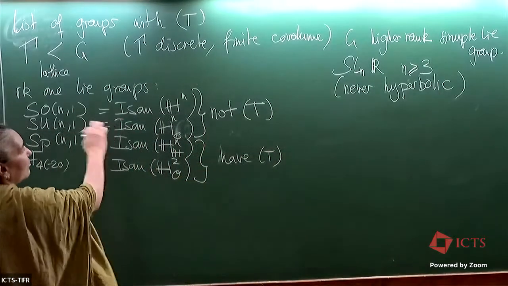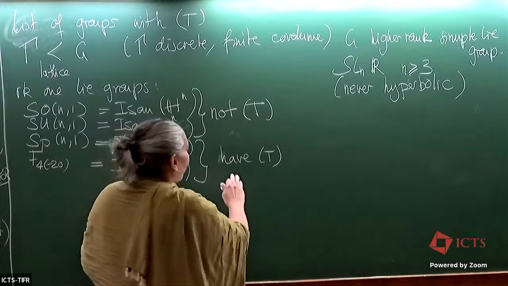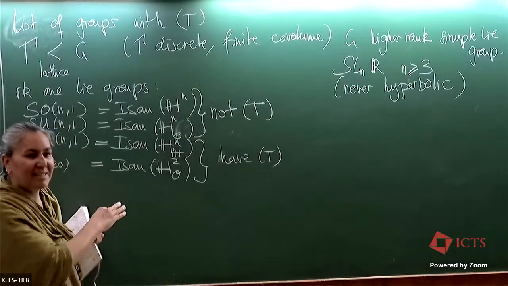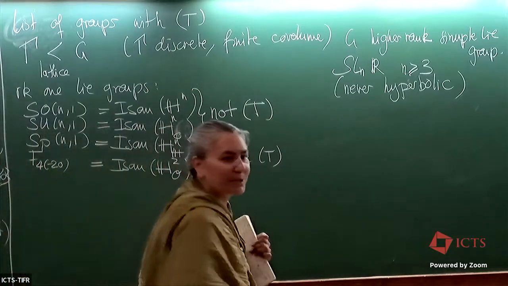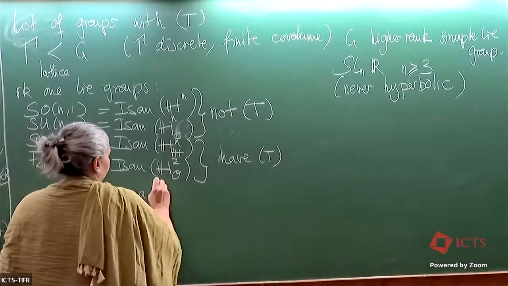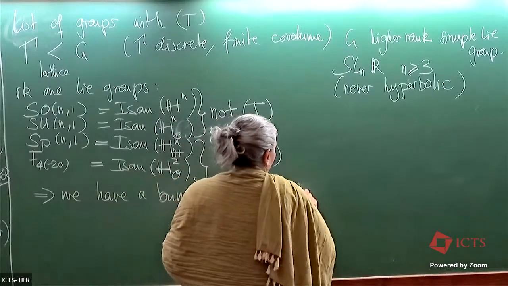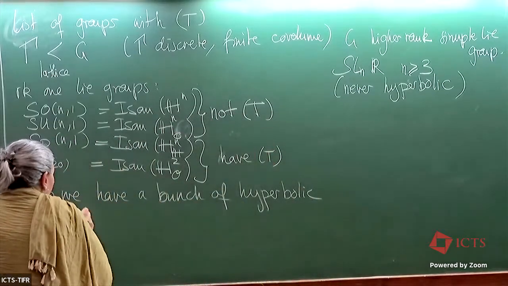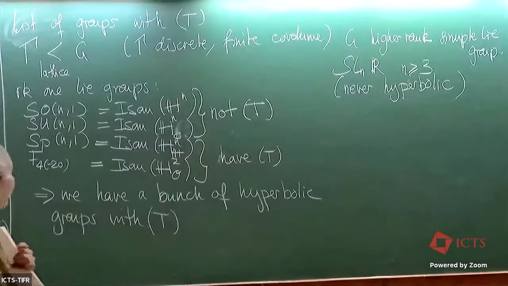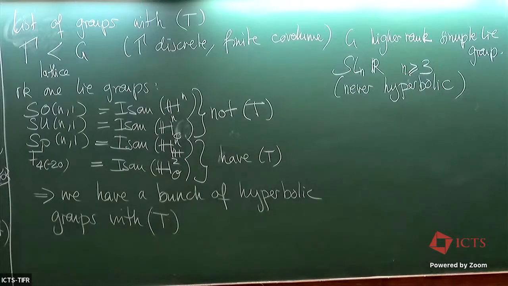You're going to see why those ones don't have property T, but I'm not going to say anything about why those have property T, except that now you know that you have a nice class of hyperbolic groups with property T. So it's good to know that we have a bunch of hyperbolic groups that can have property T.